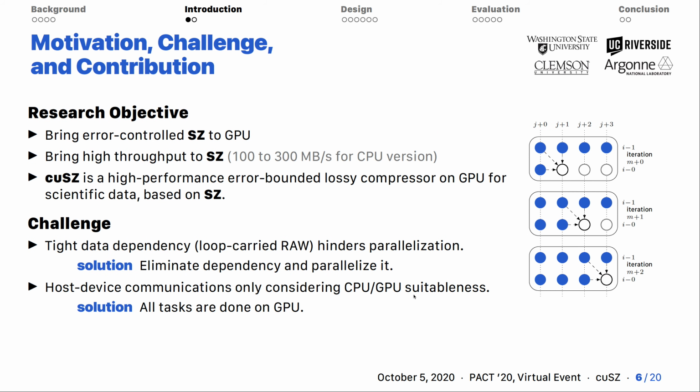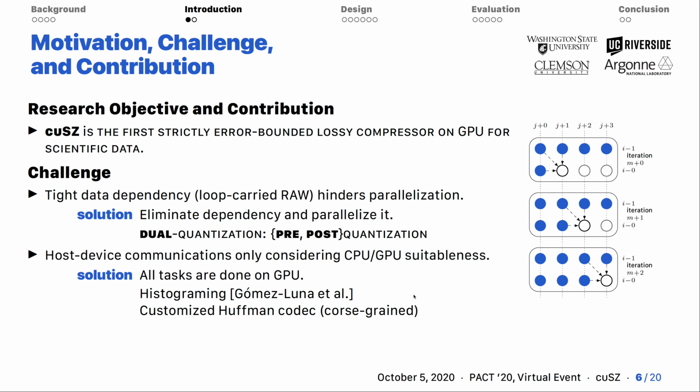So what do we do? All tasks are done on GPU. To wrap up, our contribution is that we use a dual-quantization technique to eliminate the dependency and parallelize it. And we carefully modularize and parallelize the Huffman subprocedures. And again, cuSZ is the first strictly error-bounded lossy compressor on GPU for scientific data.